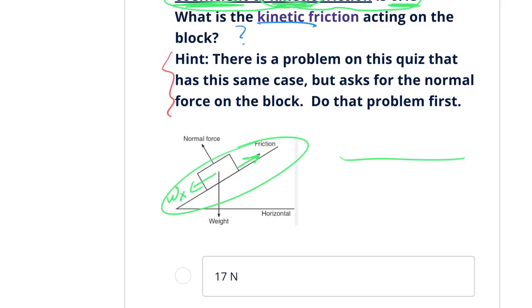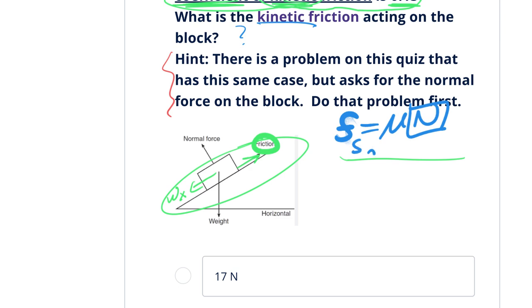I have to figure out if this block is at rest or if it's sliding. So to do that, I have to find out what the friction is, both of them. Friction is the coefficient of friction times n.